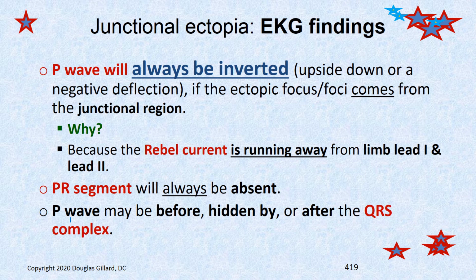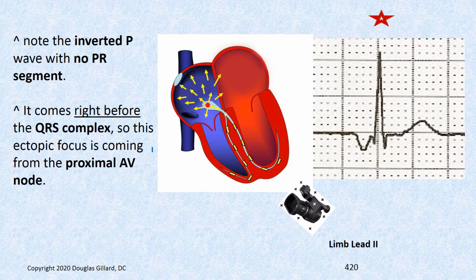The other thing we need to learn, the P wave may be before, it may be hidden by, or maybe after the QRS complex. So here's an ectopic focus that arose in, it looks like the proximal half, kind of in the middle, but we'll call it the proximal half of the AV node. And so that's the pattern that you get, right?